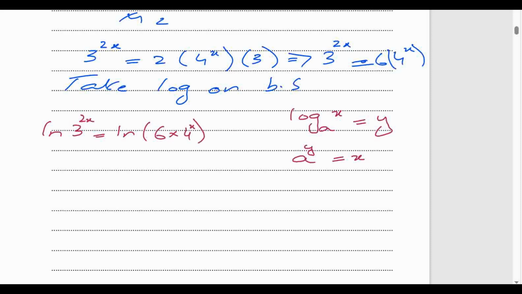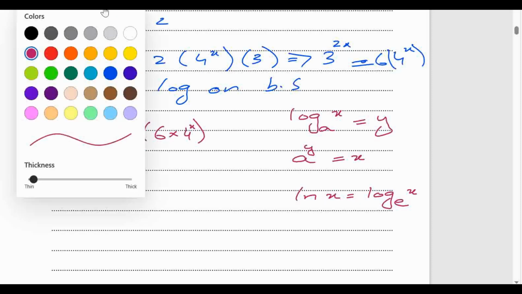Now as we can see here, we are taking natural log. Natural log of x means log of x to the base e. So with exactly the same concept, if we simplify it, first of all we can use the properties of log.